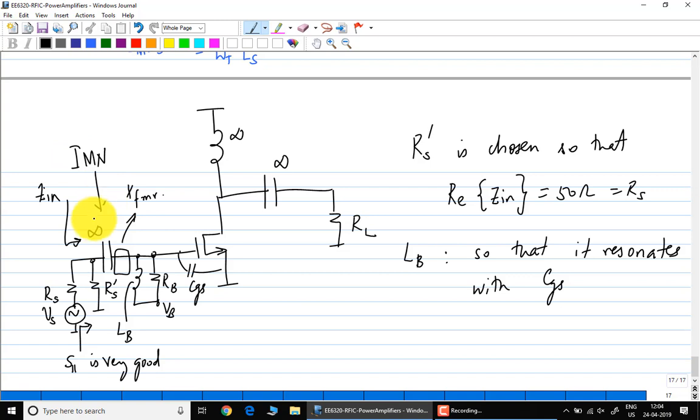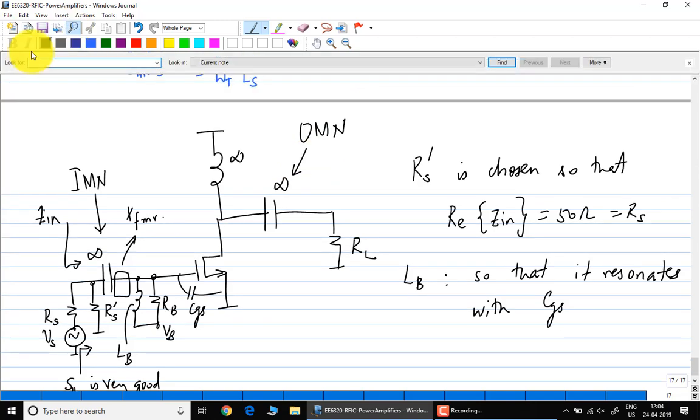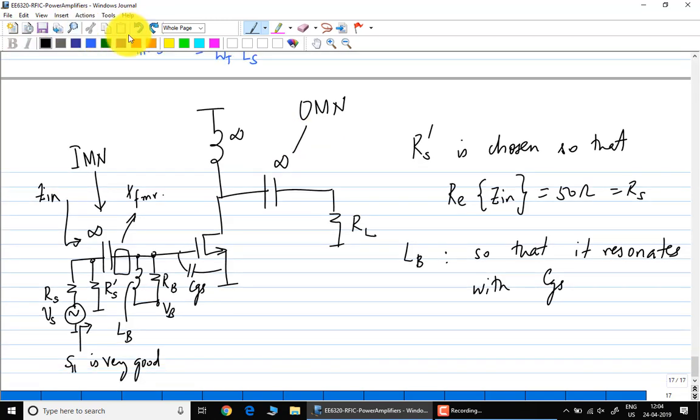I'll call it an input matching network. Now you also need an output matching network somewhere here. What is that output matching network that you will need? Okay, so now we are getting to the specifics. I need to resonate out CDP.